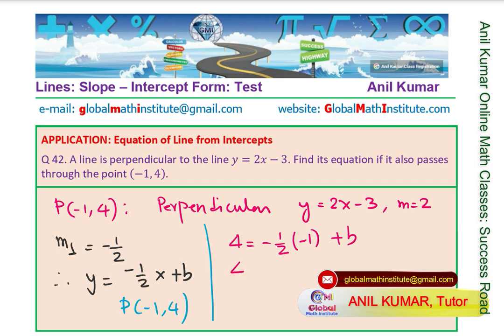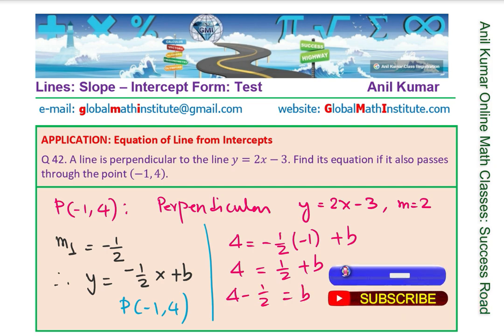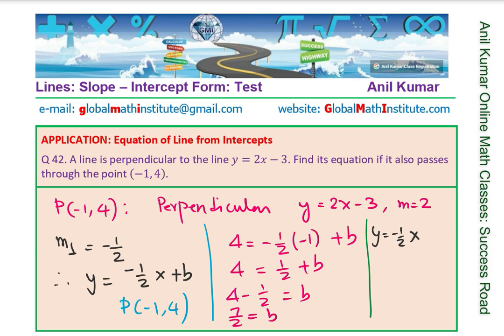So that gives me 4 equals half plus b, and 4 minus half is the value of b, which is 8 minus 1, which is 7 over 2. That is the value of b. And so we get our equation as y equals the slope of minus half, x, and the b value is 7 over 2, which is plus 7 over 2.